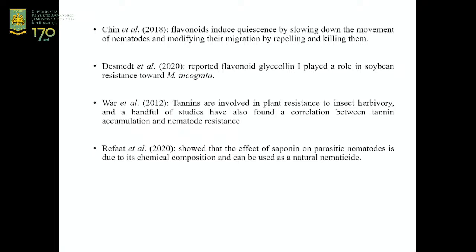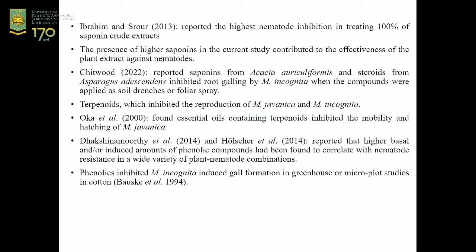Raphael 2020 also reported saponins, one of the phytochemicals we observed in the table above, saying that their chemical composition can be used as a natural nematicidal.